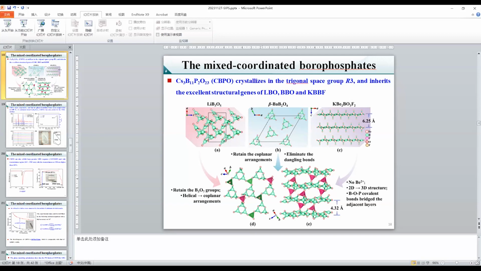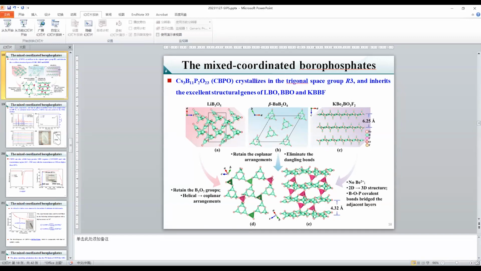This arrangement can make the compound have a large SHG response and large birefringence, and all the terminal B-O bonds are also connected by BO4 and PO4. So it removes all the dangling bonds in the structure, which is similar to that in KBBF. So the cut-off edge of CBPO can also reach the deep UV region.